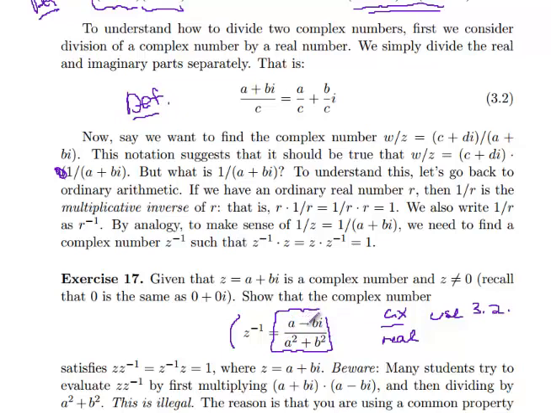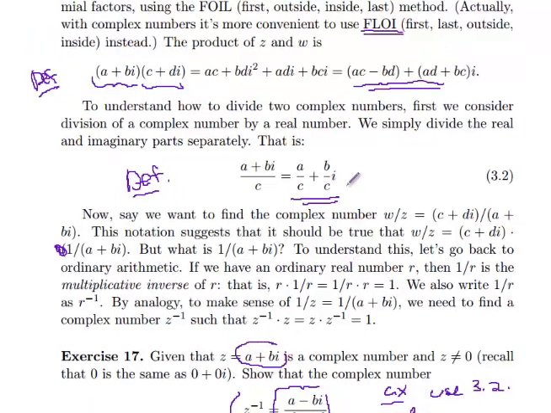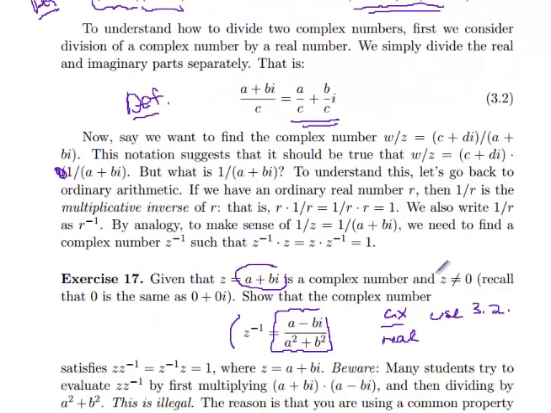Okay? Then once you've done that, you have another complex number, and you multiply that complex number times the complex number here. Then you have to go back to the definition of multiplication of complex numbers, which is up here. So you have to use 3.2 and the definition of the multiplication of complex numbers.